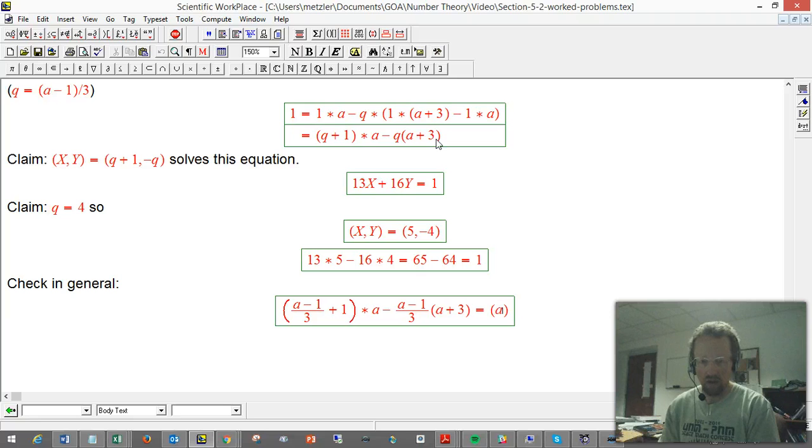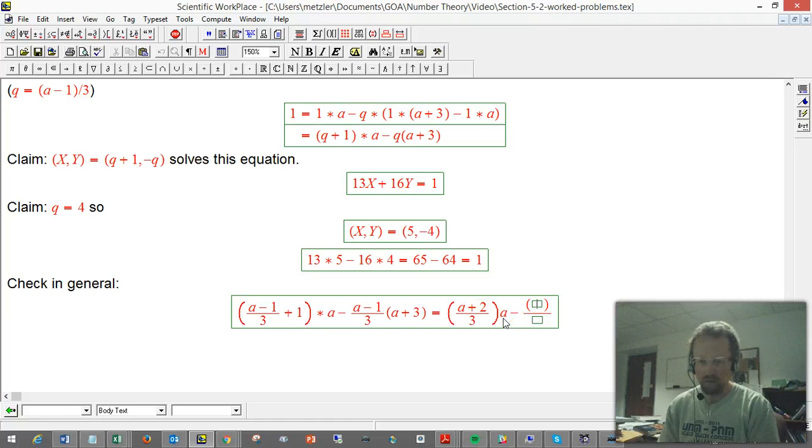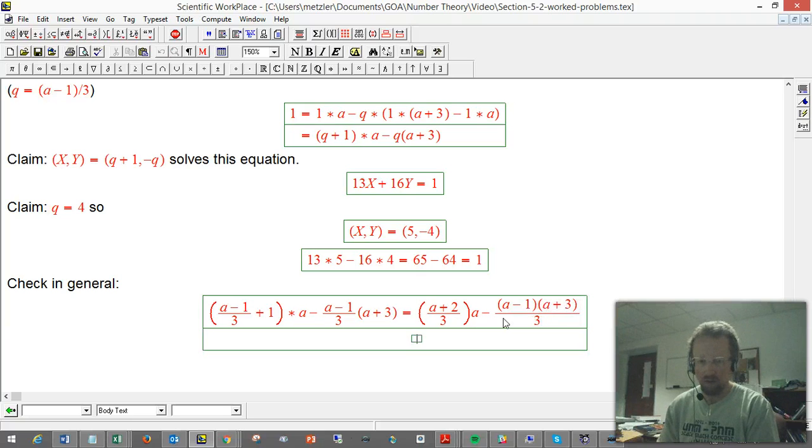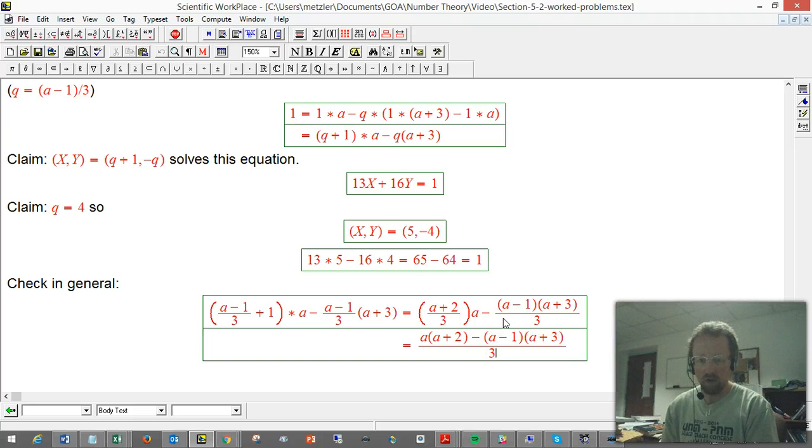You've got a minus 1 over 3 plus 3 over 3, so that's a plus 2 over 3 times a, minus the quantity a minus 1 times a plus 3 over 3. Common denominator, you get a plus 2 times a, minus a minus 1 times a plus 3, all over 3.